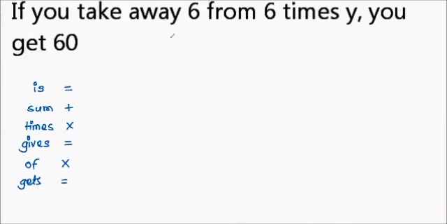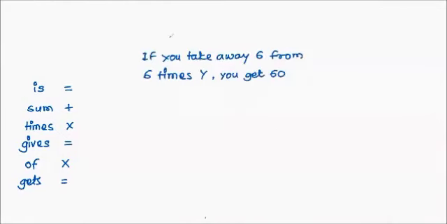If you take away 6 from 6 times y, so I'm going to write this here. Take away is subtraction. If you take away 6, which means minus 6. You're going to subtract 6 from something. From what?